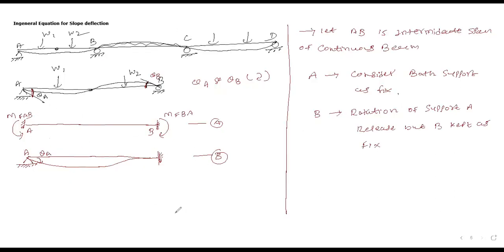We have a clockwise moment at point A, having a value of 4EI theta A by L, and at point B, same clockwise moment 2EI theta A by L. Length is L for all cases. I hope it is clear to all of you. Please confirm me, students. Is it clear?